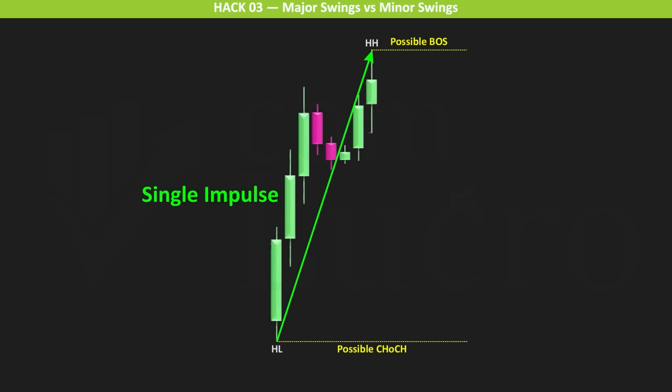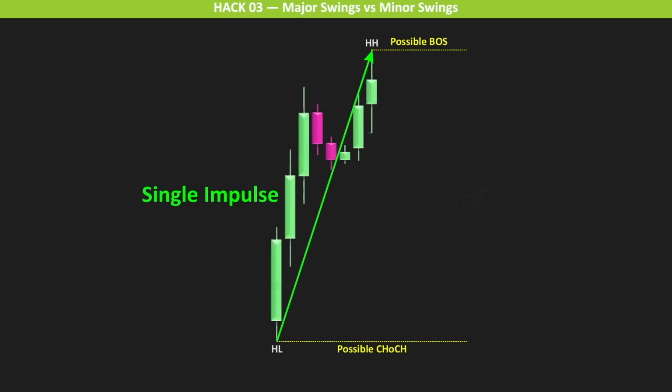Instead of being treated as an impulse followed by a correction, the next push higher is read as a continuation of the same impulsive leg. In other words, what looks like a pullback on the chart is actually just part of the impulse, not a completed retracement. This leads us to a key rule in the Cont framework.